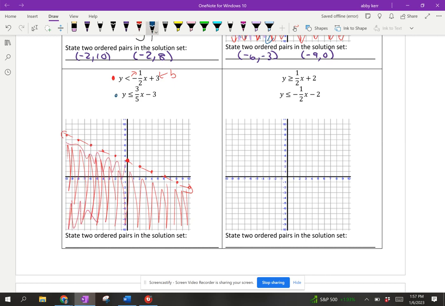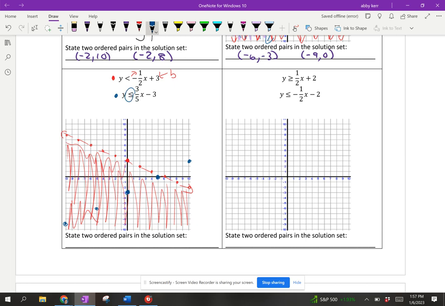And then for my second inequality, we're going to go back to step 1. We're going to begin at -3, and this time we're going to go up 3, right 5, up 3, right 5, do the opposite, down 3, left 5.